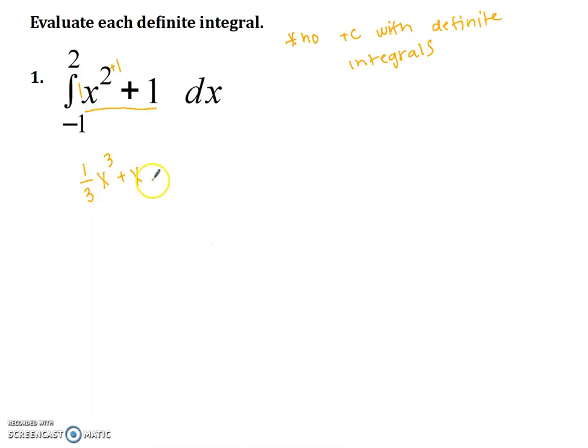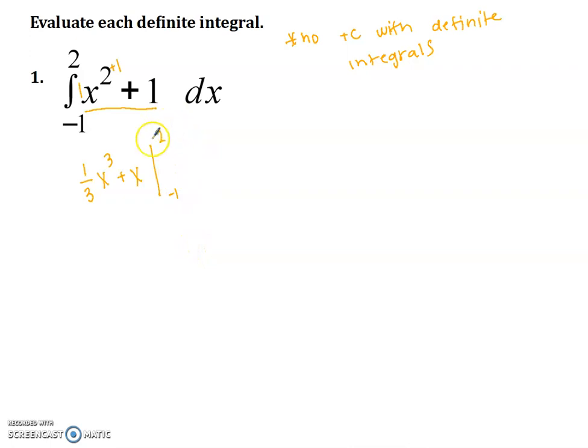So I don't need to put the plus c here, because if you put the plus c, they're just going to end up canceling out. So to save us some time, we don't need to write it. Okay? And so then what I'm going to do with these numbers, instead of having the integral symbol, because I've already done the antiderivative, I'm just going to draw a line at the end and put the two numbers there.